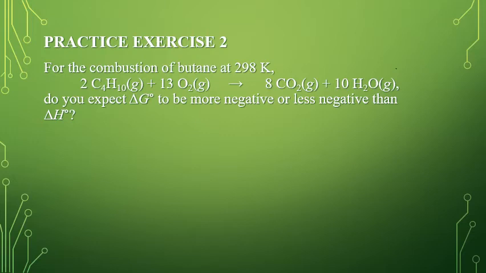So one thing here, you'll notice they don't tell you anything about the delta H value for the reaction. Is it completely necessary? No. However, one thing that you can always tell is that when you have a combustion reaction, you can just think about burning anything, a lot of heat is going to be released, so you know that you would have a negative delta H for that situation.